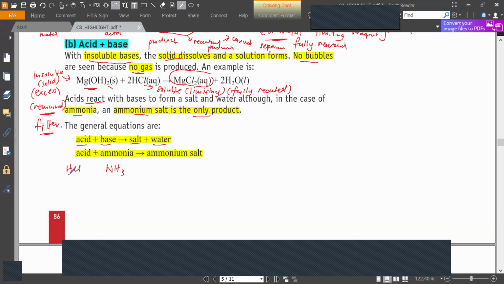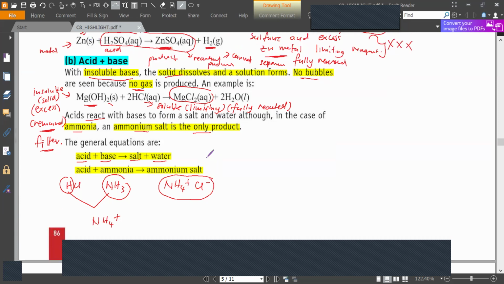The hydrogen and ammonia will combine together to form ammonium, so in the end, we have ammonium chloride as the final product. So this is for ammonia.